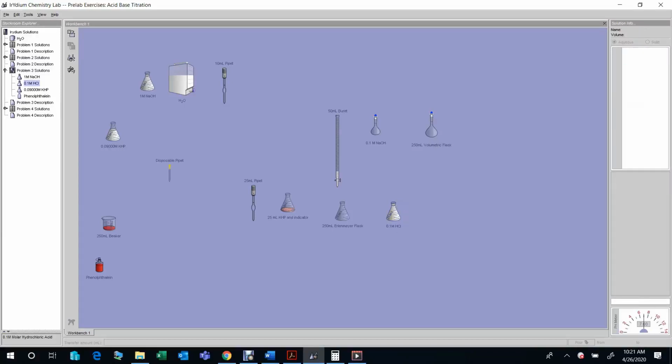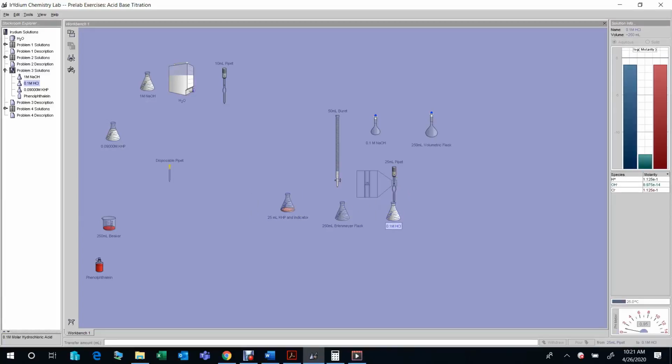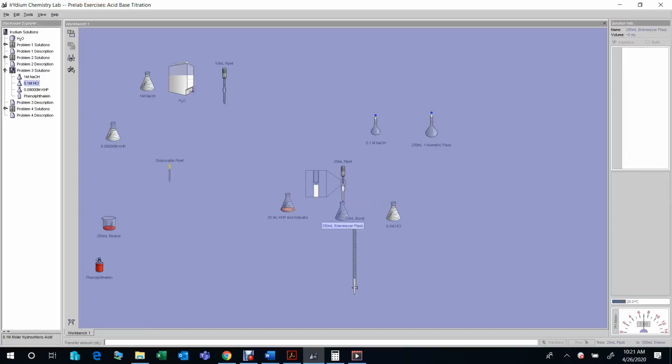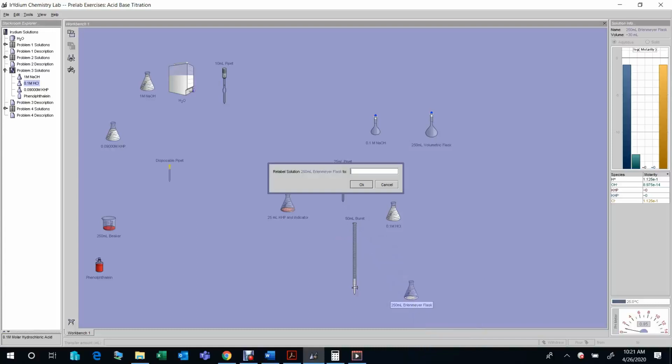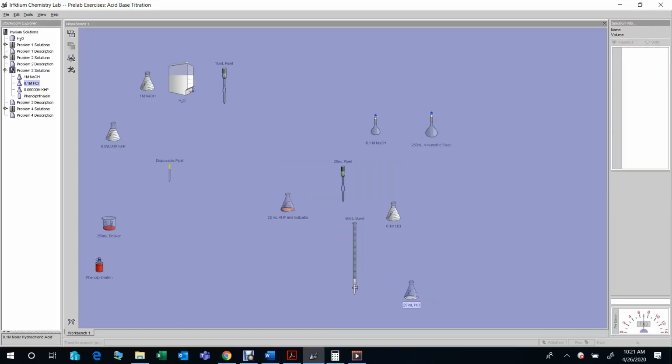Same thing, we can pipette 25 milliliters. 25.00, pour. Okay, here we have 25 milliliters of HCl solution, and the concentration is about 0.1.